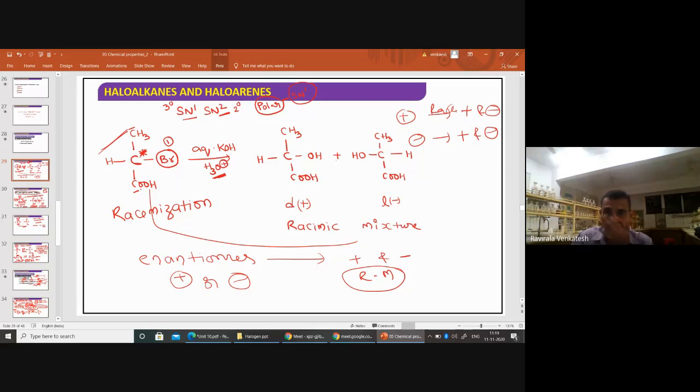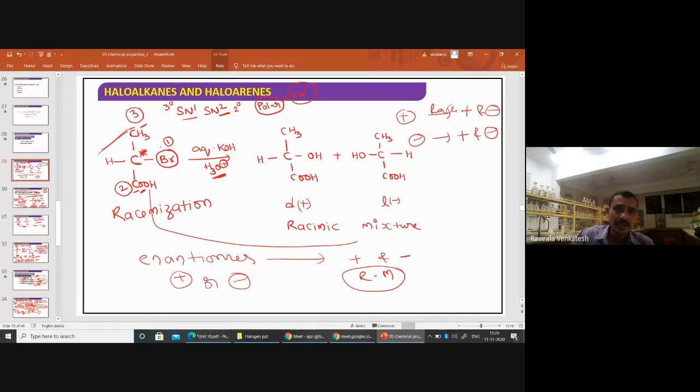So in both cases you have carbon, so we have to take the next element. If the next element has the higher atomic number, that will have more priority. In this case the next element is oxygen, and here it is hydrogen. So this will be the second priority and this will be the third priority.